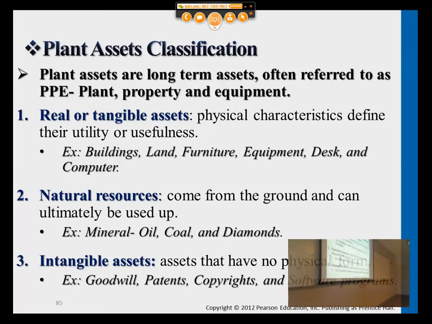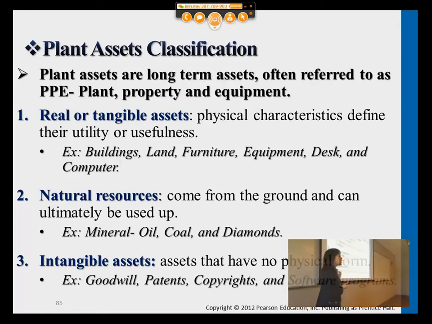Okay, now an exception here is that, remember I mentioned earlier, land is never depreciated. Okay, here's an exception. Like later on we'll talk about depreciation methods, but none of them applies to land. Okay, all the other tangible assets will be depreciated along the years based on the miles that we have been using the truck, different types of vehicles.